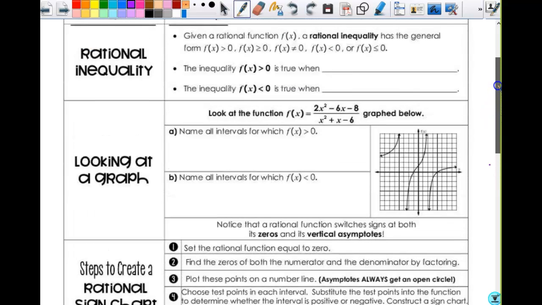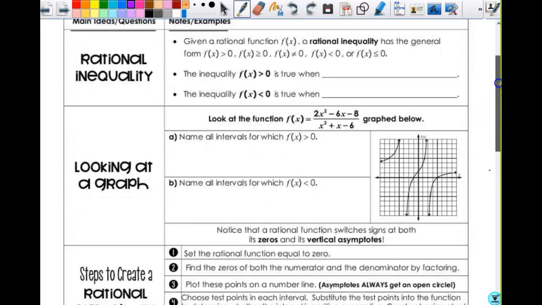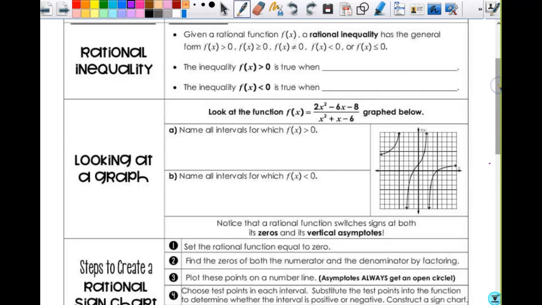So let's first of all talk about rational inequalities. This pretty much says the same thing as what it said for polynomials. Given a rational function, we can have a rational inequality, just like we could have a polynomial inequality. Really, we could have it for any function. If you say that f of x is anything other than equal to something, then it's an inequality.